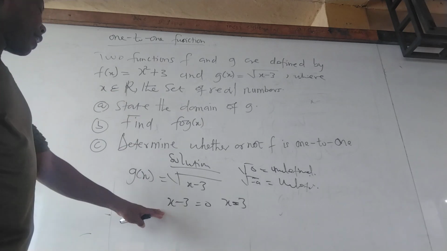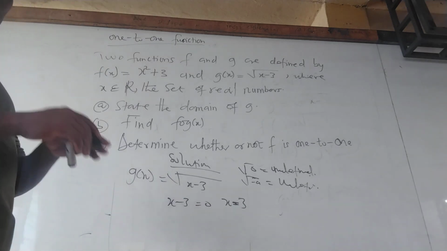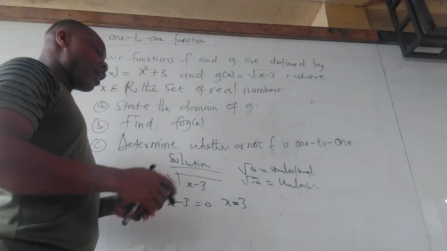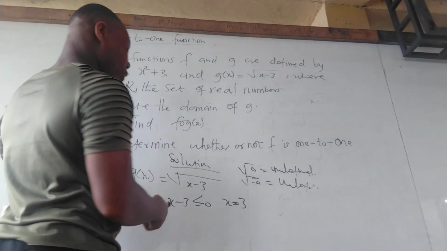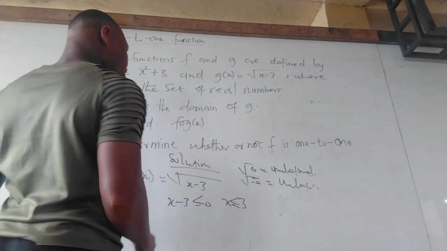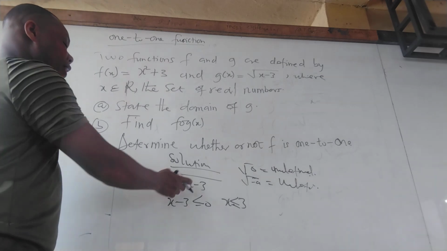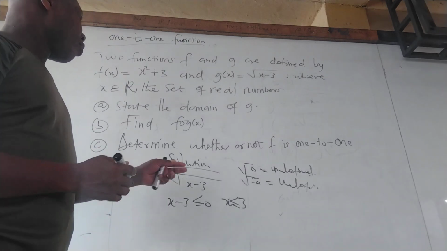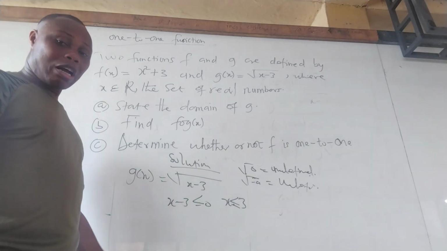So it means that x minus 3 cannot only be equal to 0, but also less than 0, so I can have less than or equal to 0. So it means I'm going to get x less than or equal to 3. All values that are less than or equal to 3 will make the function undefined, but all values that are greater than 3 will make the function defined. So that will be the domain.